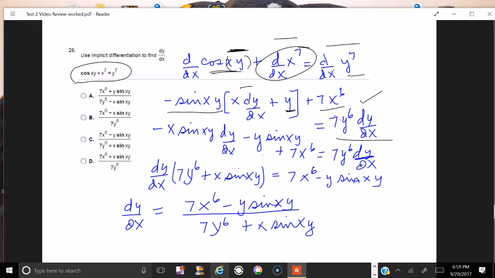So now we need to multiply all of this out and separate out dy/dx. So we get minus x sine of xy dy/dx minus y sine of xy plus 7x to the 6 equals 7y to the 6 dy/dx.